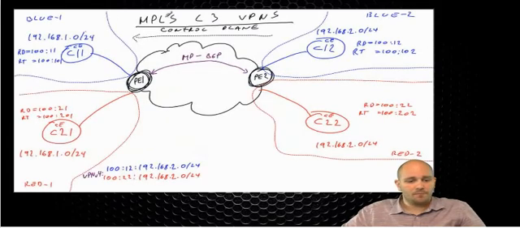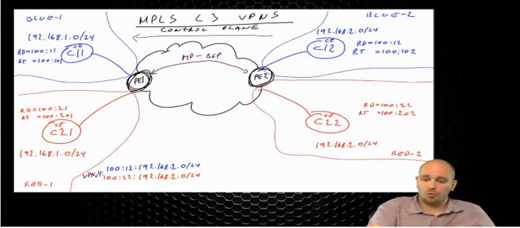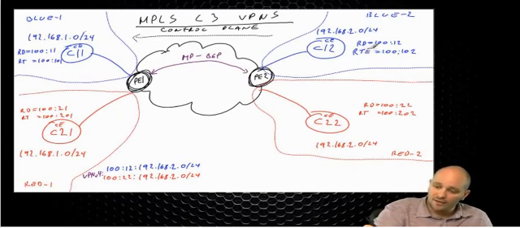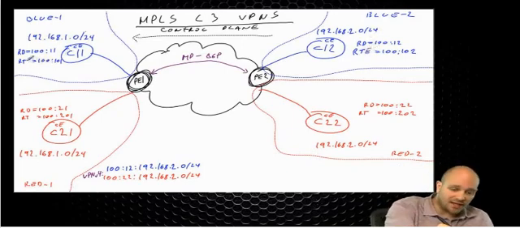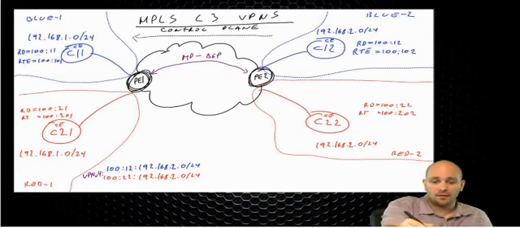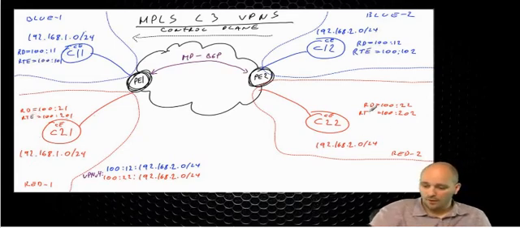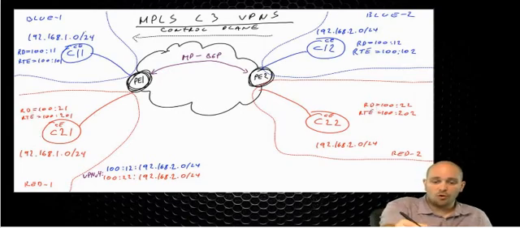So let me just go back to this. I'm going to create a copy of this page so that we can continue with it. So this export route here, I should maybe modify my writing here, that this is the route target export, and this is the route target export here. So on the other side here, I should really import what the other side is exporting.